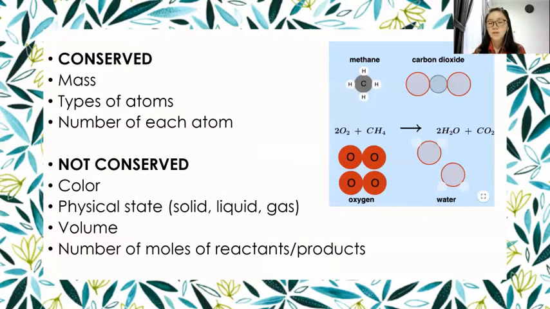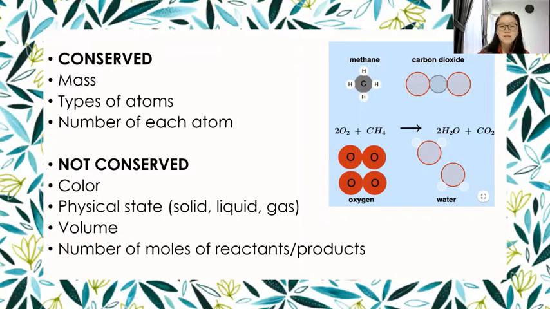Let's move on to what's conserved and not conserved in a chemical reaction. What's conserved is normally the mass, the type of atom, and the number of each atom. So if this is not conserved in your chemical reaction, you should double check. But what's not conserved is normally the color and physical state. You can turn from solid to liquid, liquid to gas, gas to solid, and it will change. The third one not conserved is the volume.